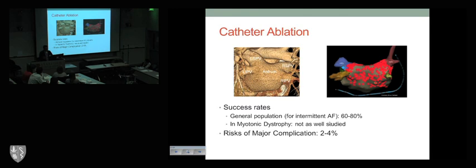But in the general population, the success rates are about 60 to 80%, and some people need more than one procedure. But the risks of a major complication are not negligible. The risks of a major complication are on the order of about 2 to 4%. So this isn't a decision we take very lightly, and we usually do try several medications before we have to get this far.